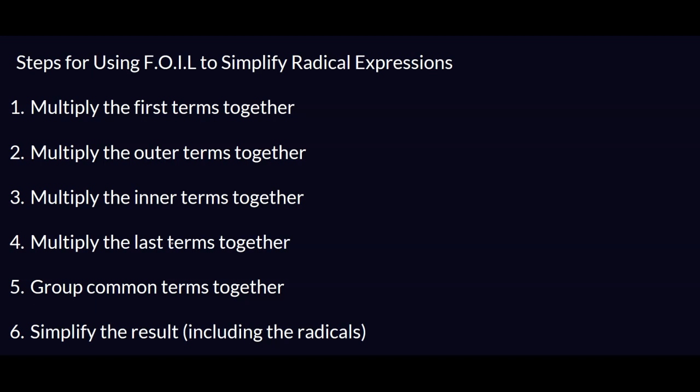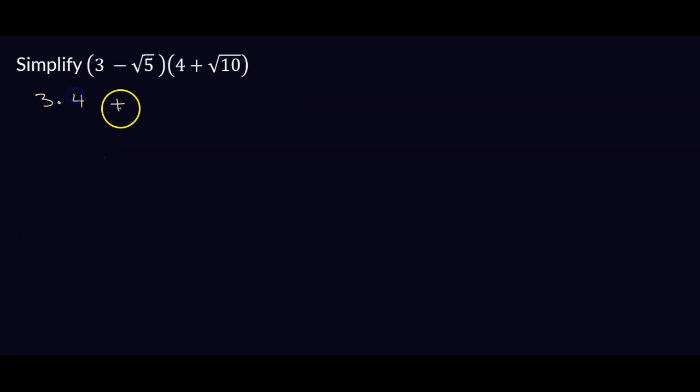So we have 3 minus the square root of 5 multiplied by 4 plus the square root of 10. So we're going to go with the first terms. So this is going to be 3 multiplied by 4 plus our outer terms are 3 and square root of 10, plus 3 multiplied by square root of 10, plus our inner terms are negative square root of 5 multiplied by 4, and then our last terms are negative square root of 5 multiplied by the square root of 10.